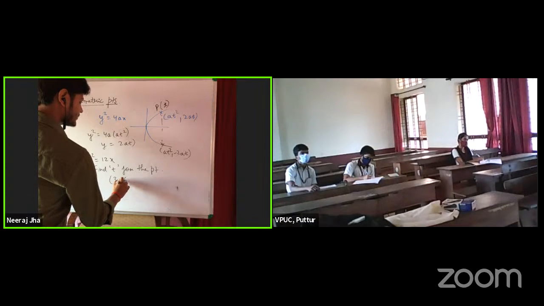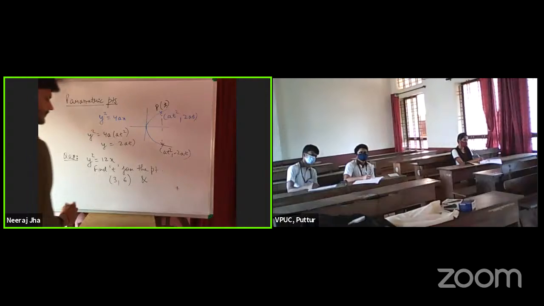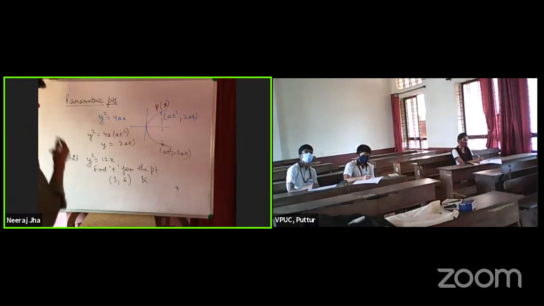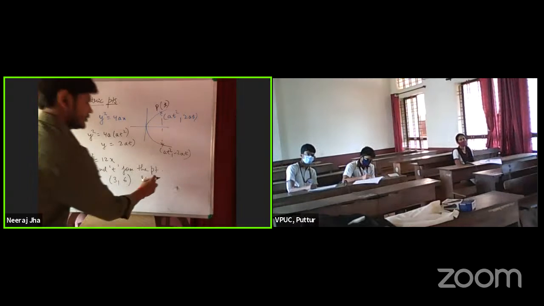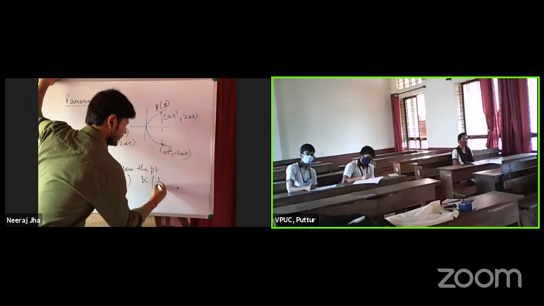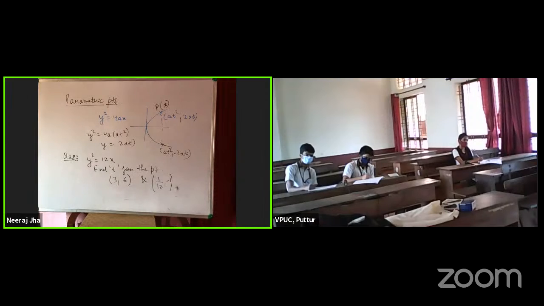So (3, minus 6). चलो ठीक है, (3, 6), and for this we have to find t. And for y square is equal to 12x, the point (1 by 12, minus 1), for this also, find t for both these points.